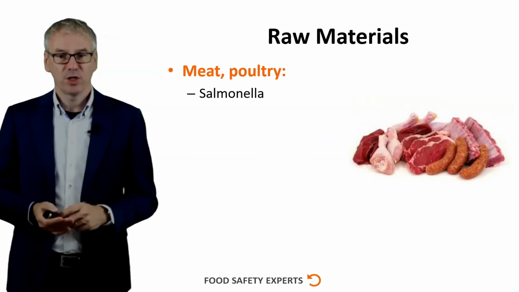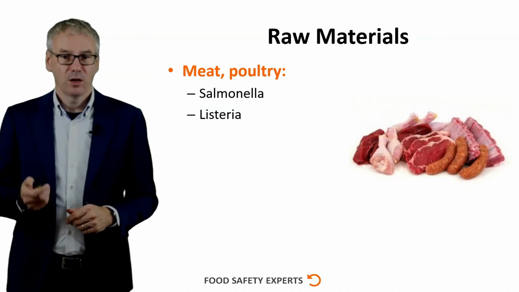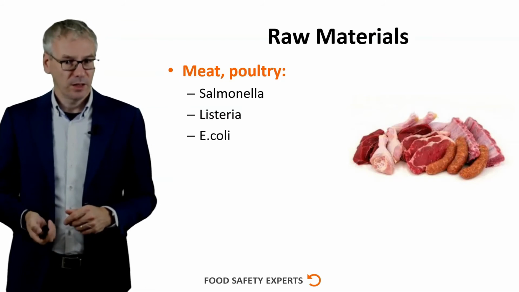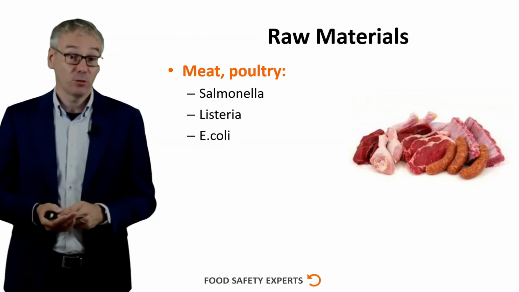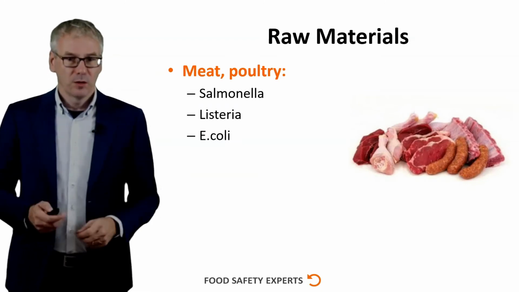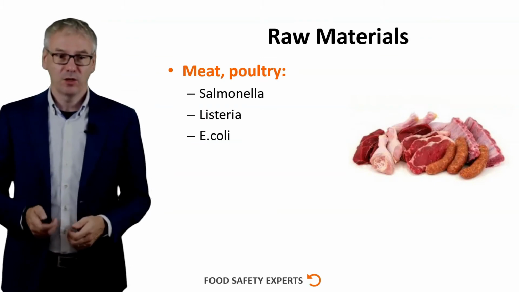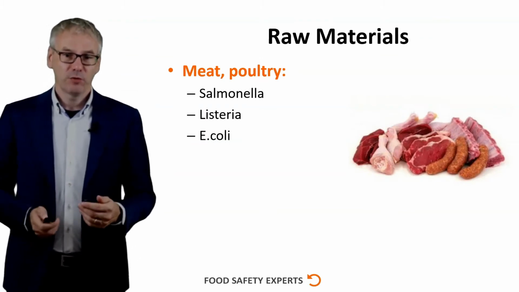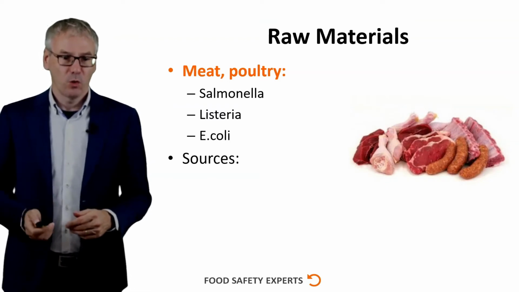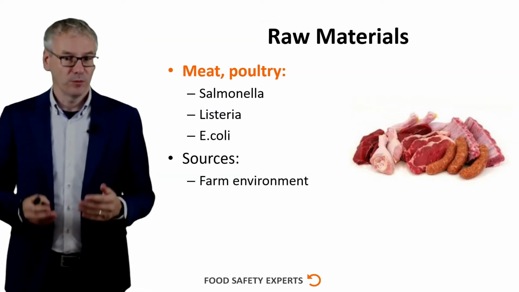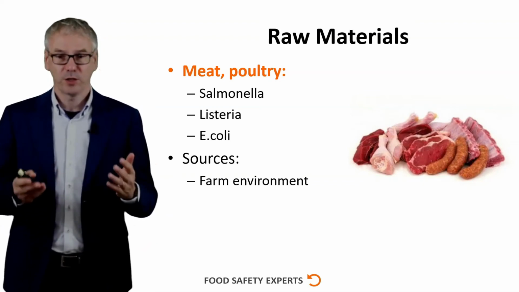This is where we see a lot of incidences of salmonella, listeria and E. coli. Those are the key three categories that we see in these products. But where do they come from? Let's have a look at the typical sources. First of all, they can of course come from the farm environment. A farm environment isn't always very clean.